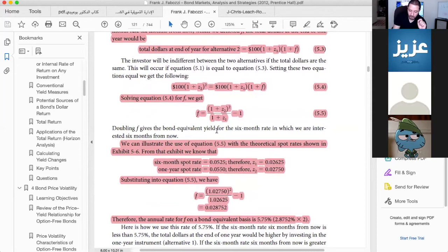For more concreteness, we can illustrate the use of equation 5.5 using the theoretical spot rates shown in exhibit 5.6. See, all the exhibits are interrelated, right? We are still using the same process.